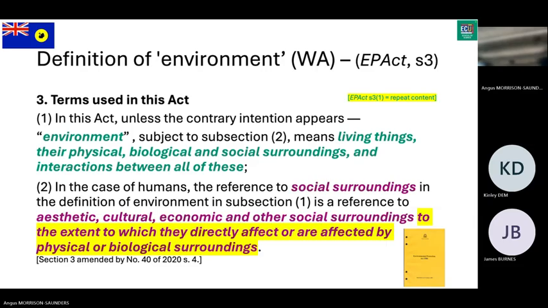The definition of environment in Western Australia: in this Act, unless the contrary intention appears, environment, subject to subsection 2, means living things, their physical, biological, social surroundings, and the interactions of all these. If you just take that bit in green, it looks like the definition of environment is everything, but it's not, because it's affected or changed by subsection 2.